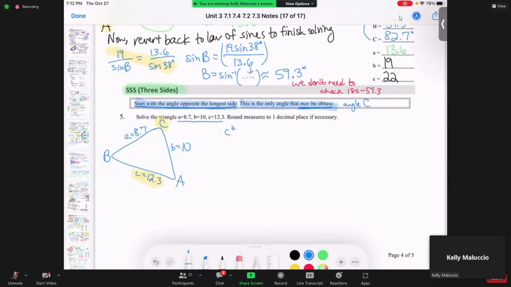We're going to have C squared equals A squared plus B squared minus 2AB cosine big C. So let's fill these in. 12.3 squared equals 8.7 squared plus 10 squared minus 2 times 8.7 times 10 times cosine of C.